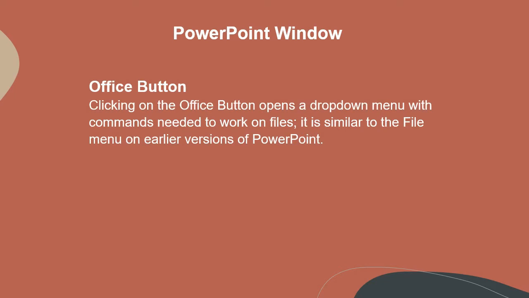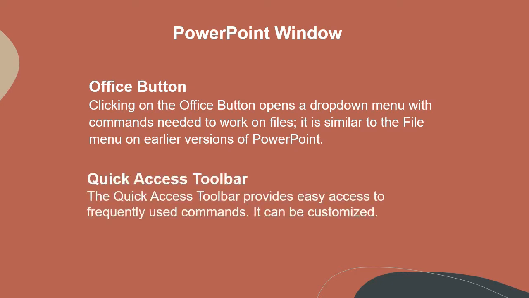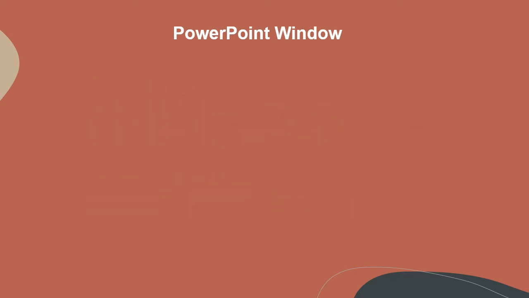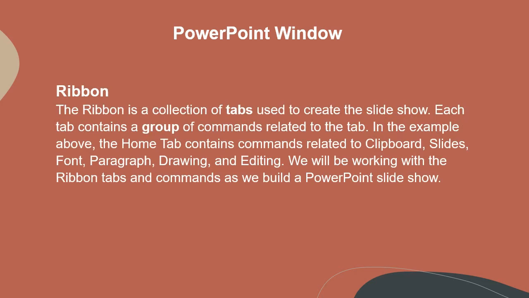Office button: clicking on this opens a drop-down menu with commands needed to work on files. It is similar to the File menu in earlier versions of PowerPoint. The Quick Access toolbar provides easy access to frequently used commands, and it can be customized. Next, we also have the ribbon.